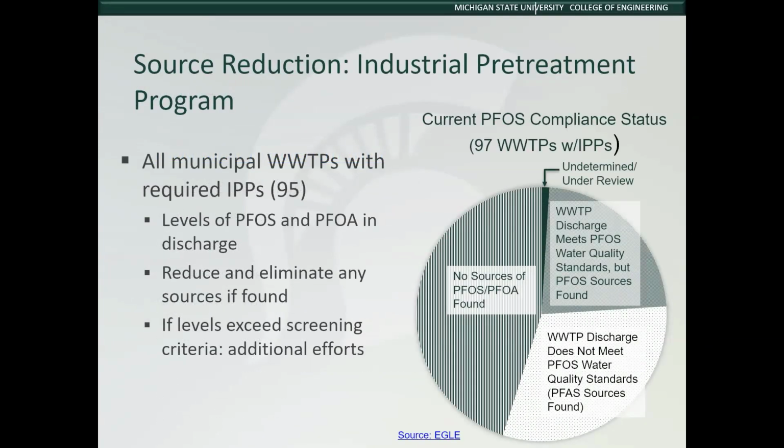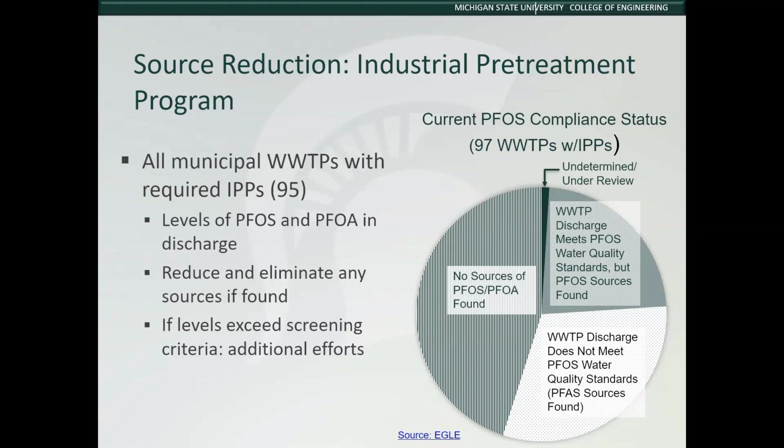The Industrial Pretreatment Program initiative mandated that all municipal wastewater treatment plants in Michigan with required IPPs determine the effluent concentrations of PFOS and/or PFOA in order to determine if there were releases to surface water or groundwater.